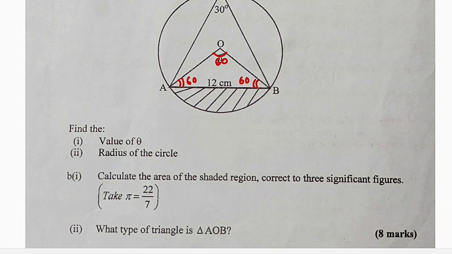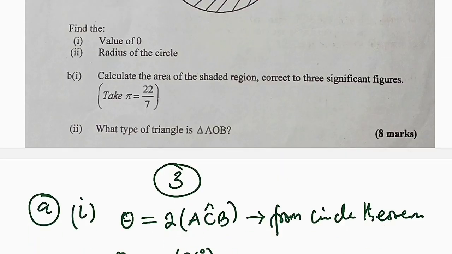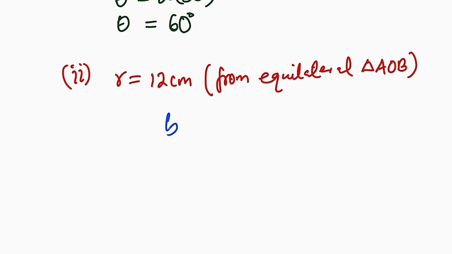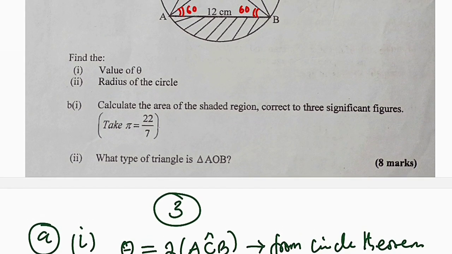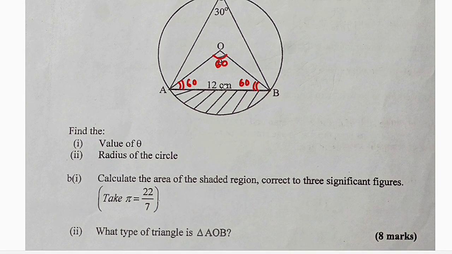Then we move to the next one, which is B part. Roman 1 was the question. We're asked to calculate the area of the shaded region. So observe something here. We are looking for this particular area. How can we find it? First of all, we need to compute the entire area of this region, which is a sector, right?